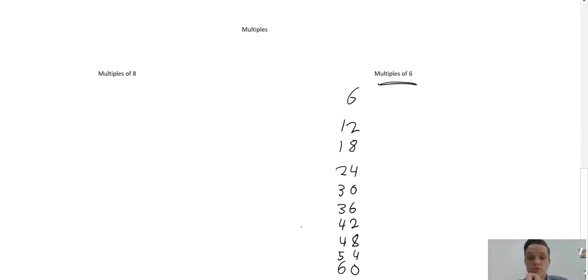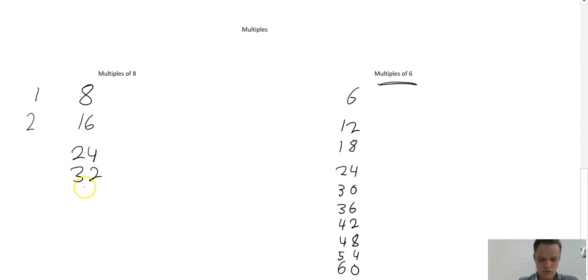Now I'm going to do my multiples of 8. So let's start with 8 because we know 8 times 1 is 8. 8 times 2 is 16. 24. 32. 40. 48. 56. 64.